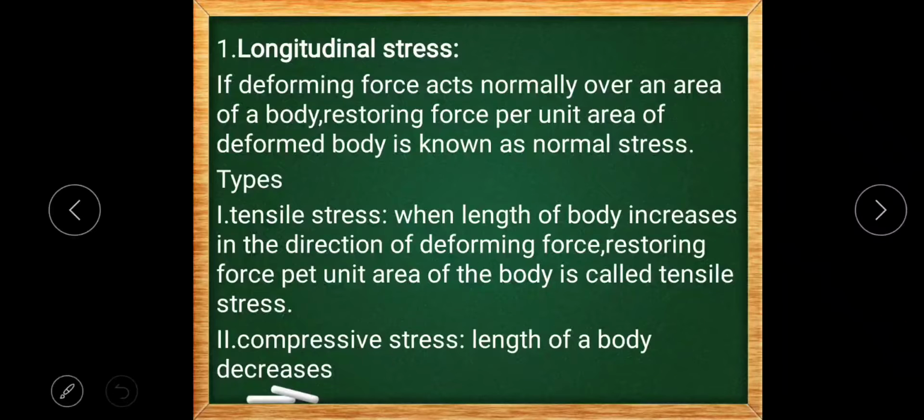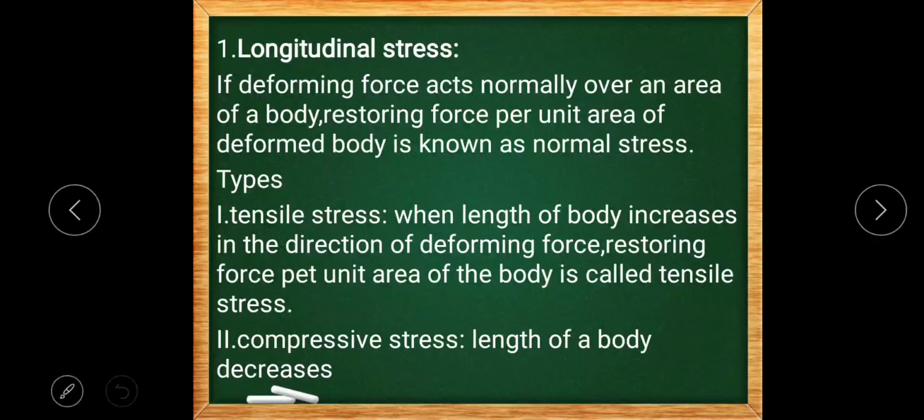Longitudinal stress is also known as normal stress. Normal means here the force is applied perpendicular to the surface of the body, or the force is applied normally to the surface of the body.